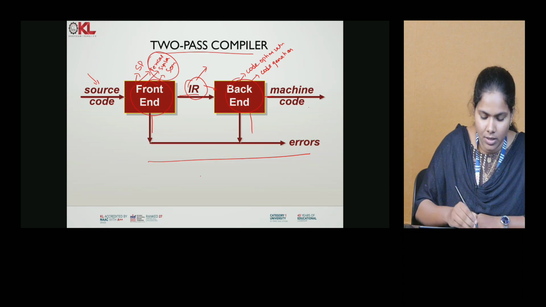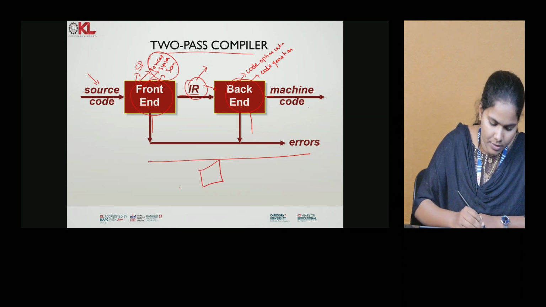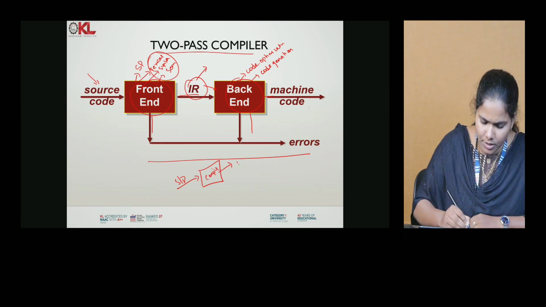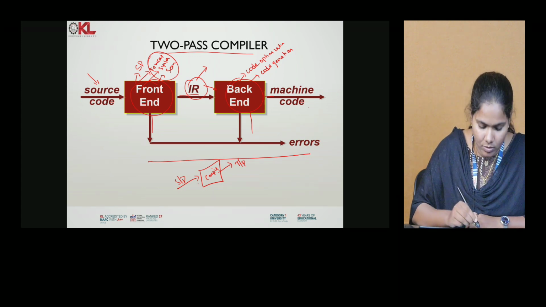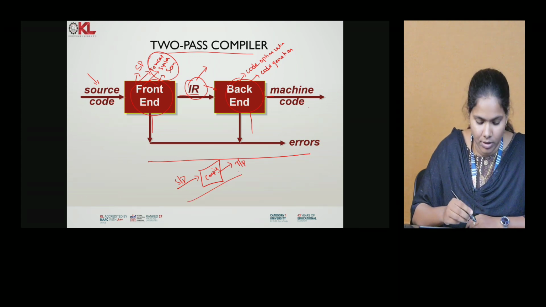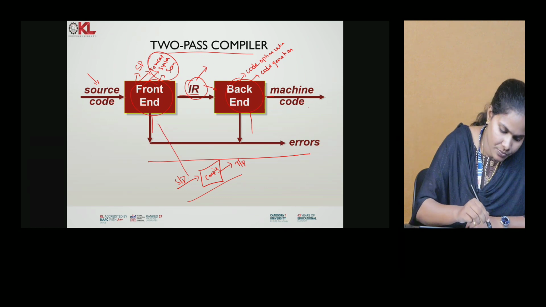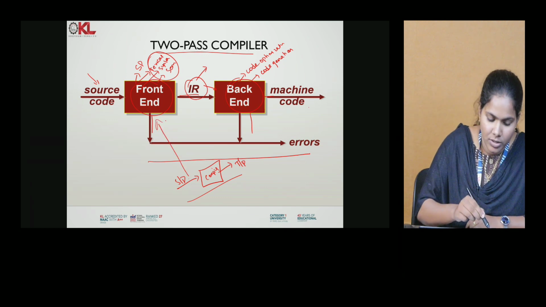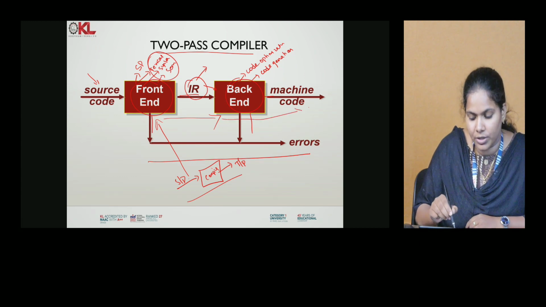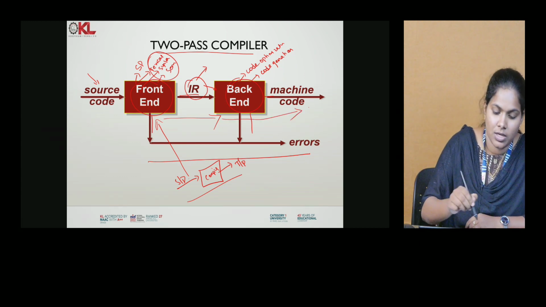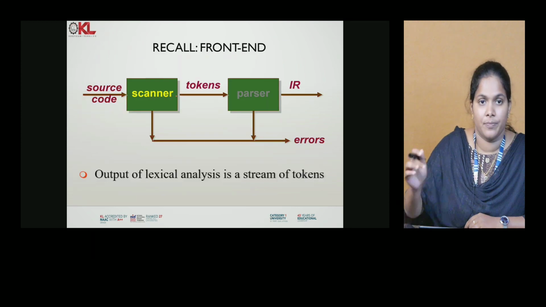We are not converting at one time from the source program through some compiler to the target program. We give the source program to the front end, the front end gives to the back end, and the back end generates the machine code. So this is nothing but a two-pass compiler.